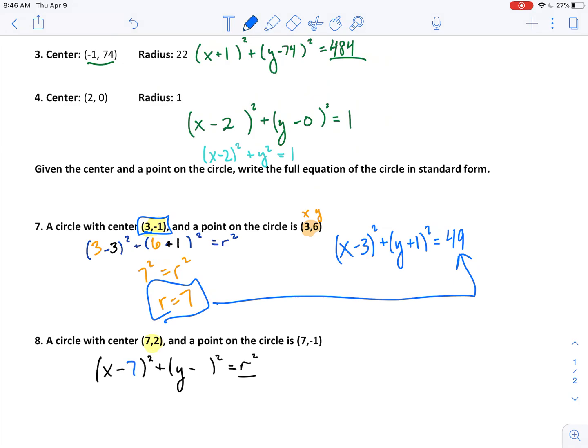How we're going to do that here is we're going to substitute in our center coordinates, like we always do, x minus 7, y minus 2. But the new step that we have to take to find r is we need to substitute in x and y.